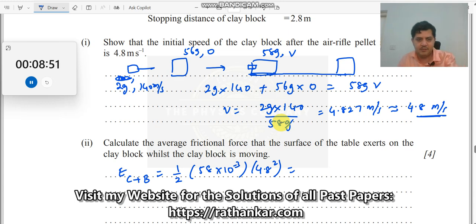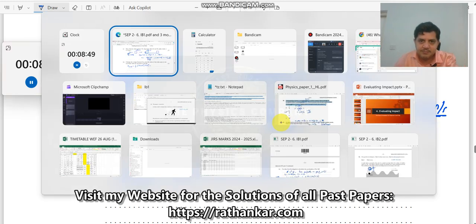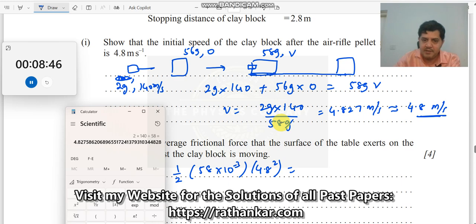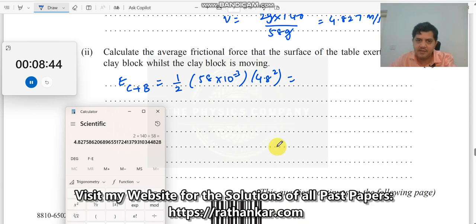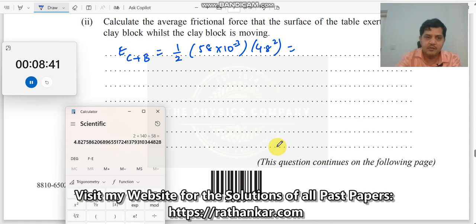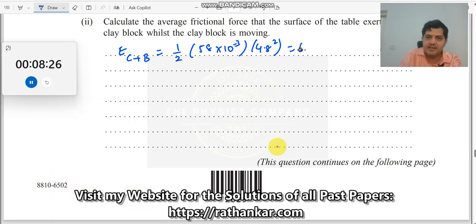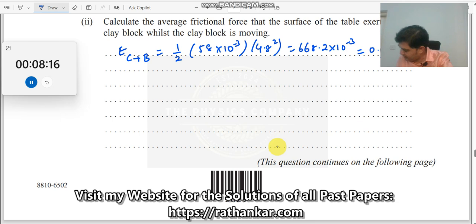So when you do this, 4.8 star 4.8 star 58 divided by 2 is equal to 668.16 into 10 to the power of minus 3, which is about 0.68 joules, right? So this is what I should get over here.